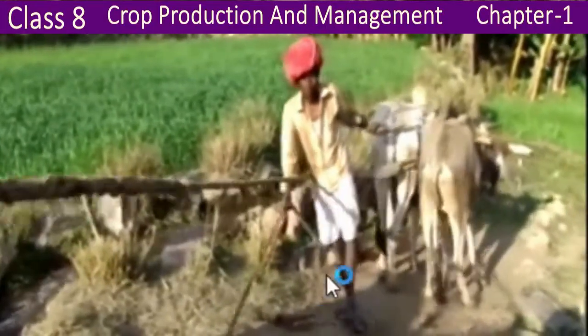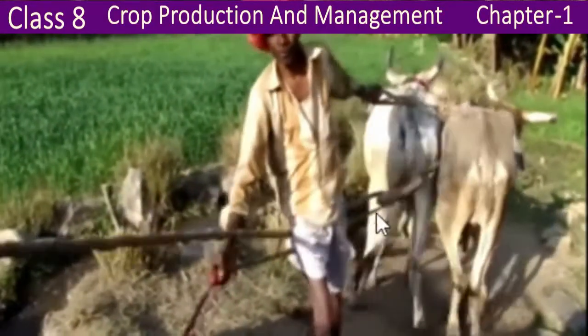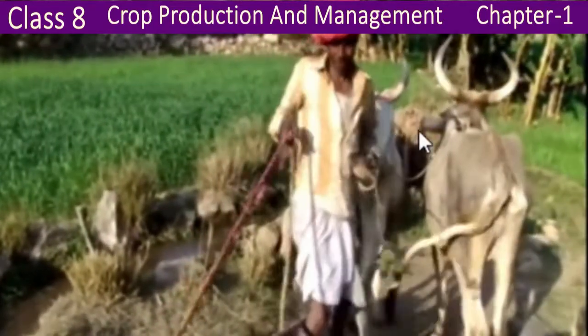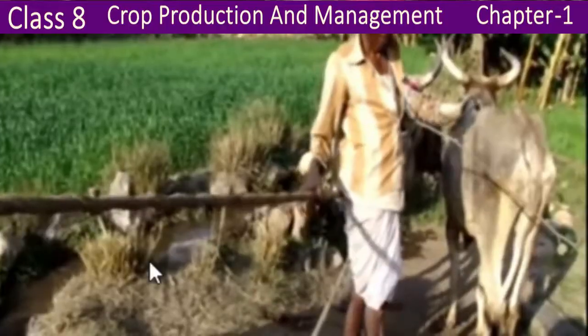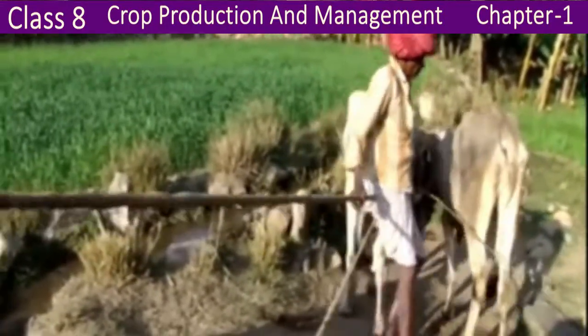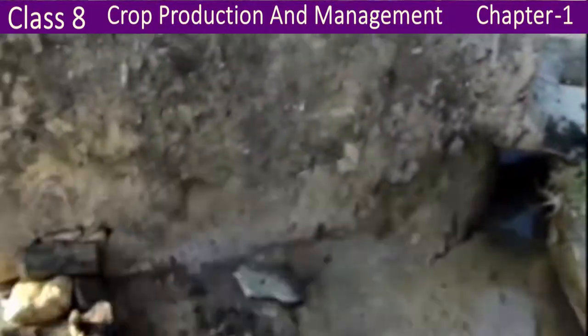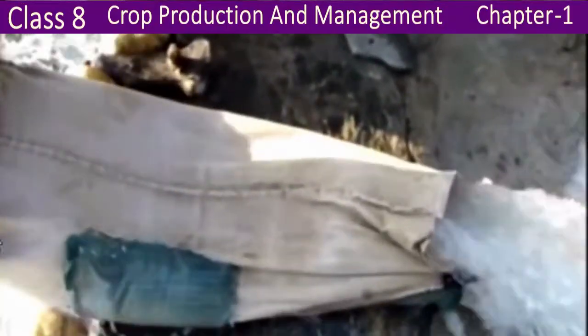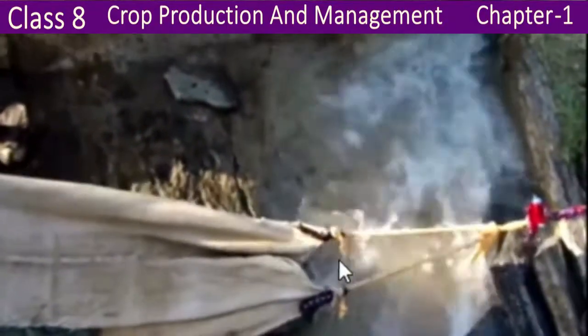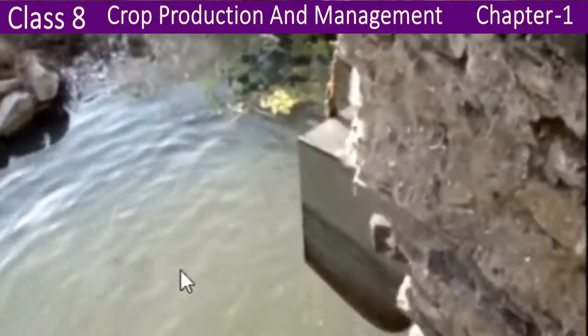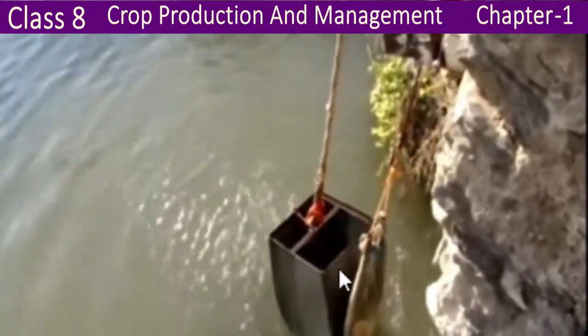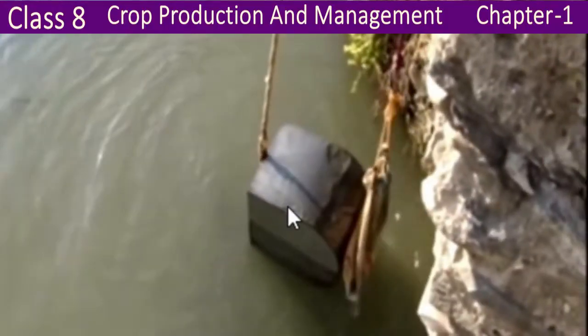Guys, now we will understand the moat or pulley method. See, with the help of a bull, he is pulling a rope. When he pulls the rope, see what happens. There is a bucket, and with the bucket the water is coming up. You can see the other side is a bucket-like structure, some container.